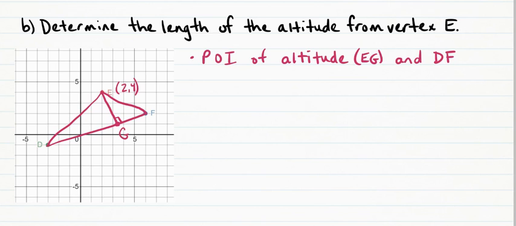And in order to find the point of intersection, we first need to know the equations of both of those lines. Well, we have the equation of the altitude. So the equation of EG, we just found in the previous question, is y equals negative 3x plus 10. What we don't know is the equation of DF. So we need to find that.